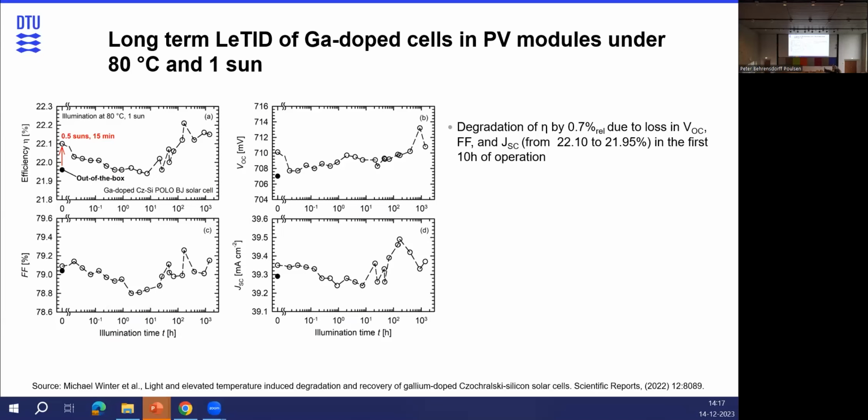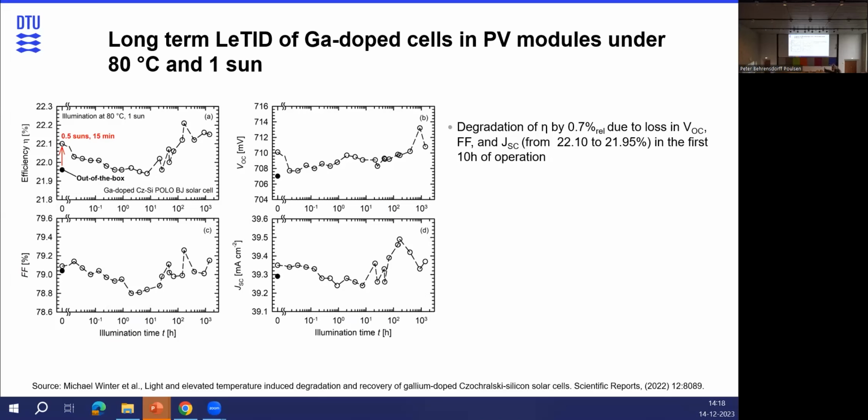Based on some accelerated testing done by Michael Winter and his colleagues, they first did the normal LETID test at 80 degrees Celsius and 1 sun, and they could see a quite rapid degradation in power, only by about 0.7% relative change in efficiency.